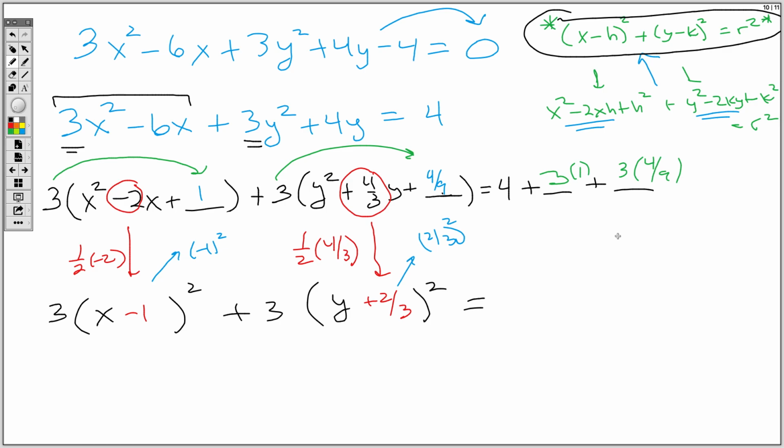Okay, so if I do the arithmetic here, I've got 4 plus 3 plus 4/3, which is 7 plus 4 thirds. If I get a common denominator, that's what, 25 thirds? There we go.